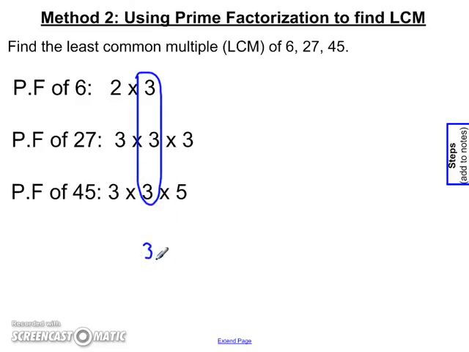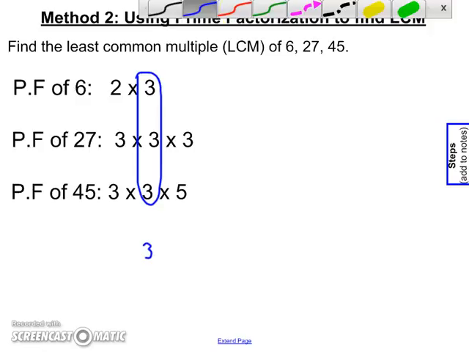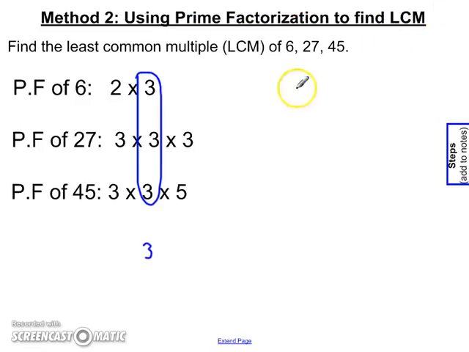Okay. Then you go to numbers that fall on 2 of the lists. So I see this 3 here is on 2 of the lists. So I'm going to pull that 3 out. I don't have any other numbers that fall on 2 of the lists, so I'm now going to identify the numbers that fall on only 1 list. 2, 3, and 5. And so you sort of work your way down from all lists to 2 lists to 1 list.